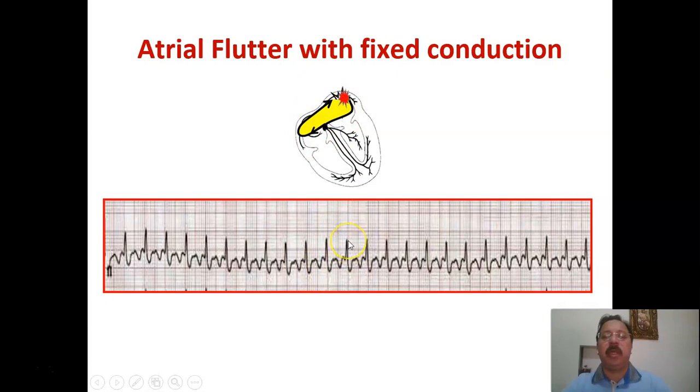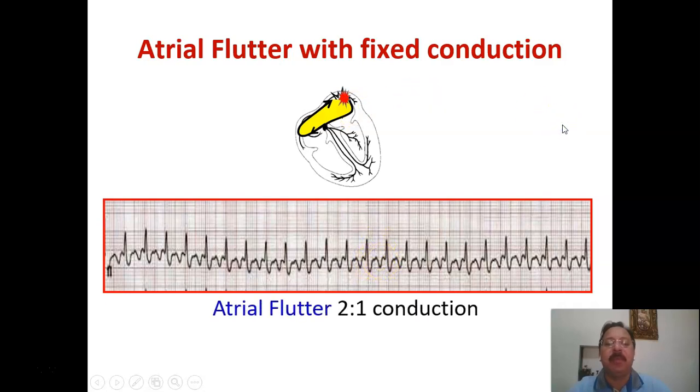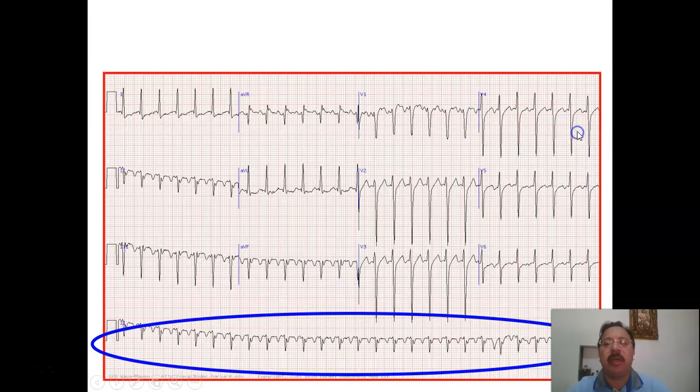So it means a 100 ventricular rate, and you may get 3 flutter waves. If it moves 4 times, you will get a 75 heart rate and 4 flutter waves, and then you may get the sawtooth pattern. But here at a heart rate of 150, it's difficult to get the sawtooth pattern because you will see only 2 notches, the flutter waves. So this is your atrial flutter with 2-into-1 conduction.